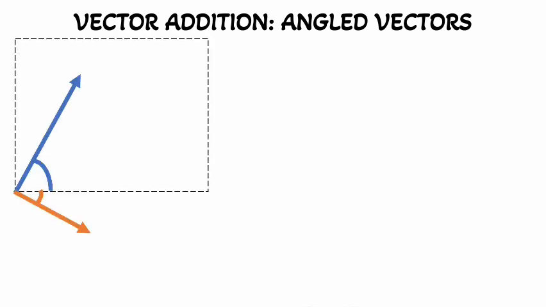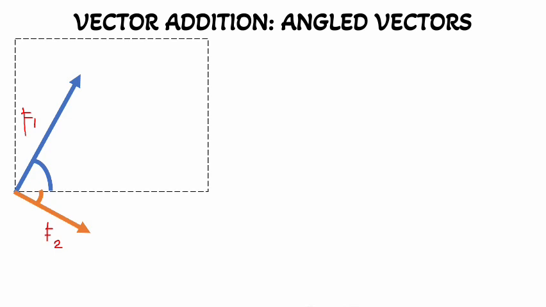Now how do we add angled vectors? So say for example, we have these two vectors, and this represents forces. We have force 1, force 2. So to add these two angled vectors to produce the resultant vector, we need to analyze this individually.